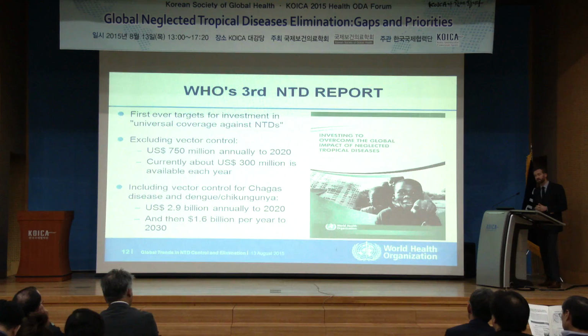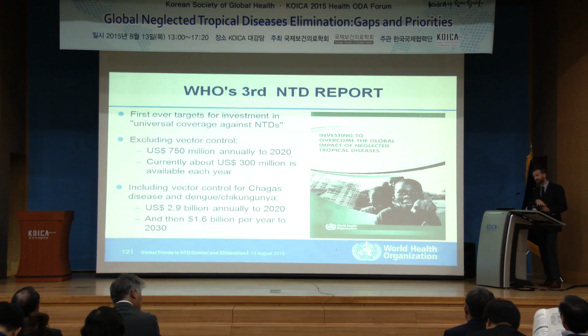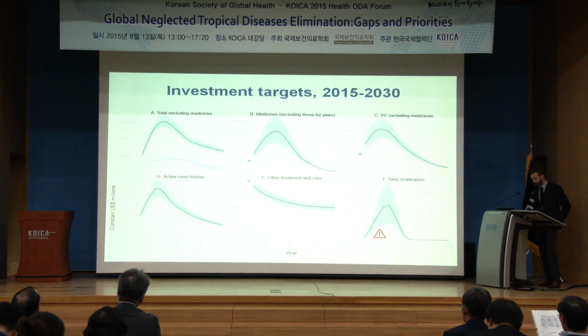So increased investments are required there, but even for the vector control interventions, we can expect a decrease in the investments that are required after 2020. I won't go into the details of this, just to say that in the NTD report, as I said, we laid out investment targets for different areas, including preventive chemotherapy, active case finding, other treatment and care.